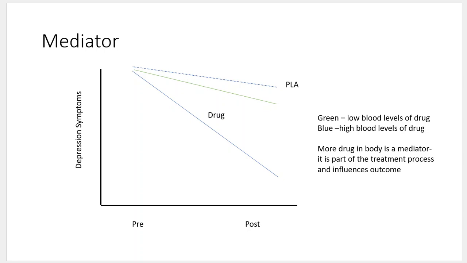Green are people with low levels of the drug, and blue are people with high levels of the drug or therapeutic levels, so obviously they do better. So compliance with medication is a mediator of outcome. And that's a very simple mediator. There are other more complex mediators. Again, the relationship of the therapist to the patient, how warm the patient feels the relationship is, those patients will do better. So patient-therapist relationship is a mediator of outcome.